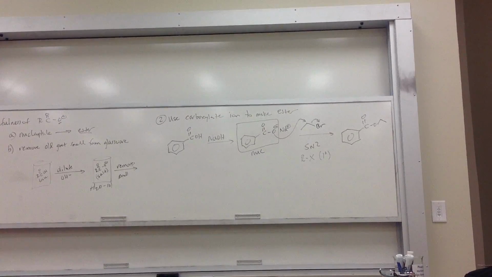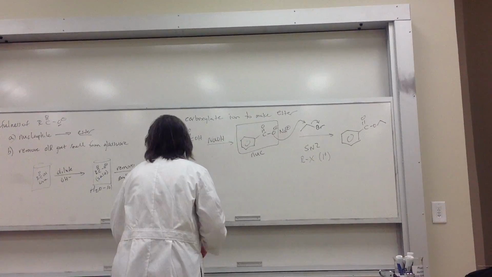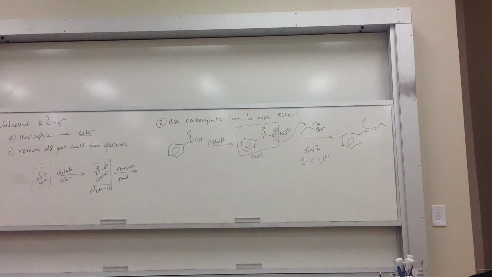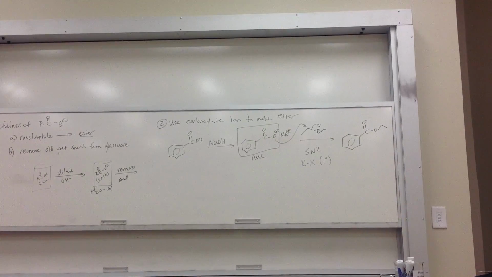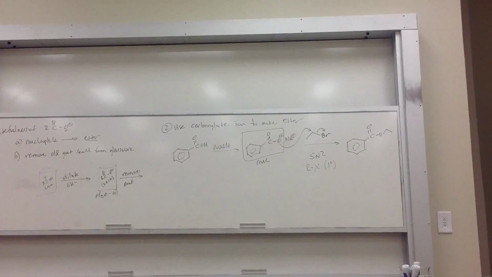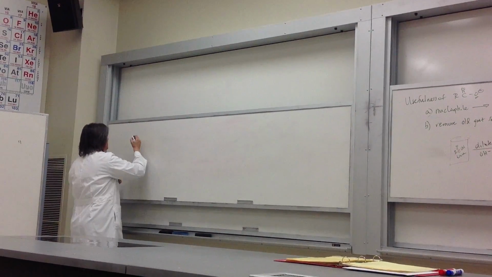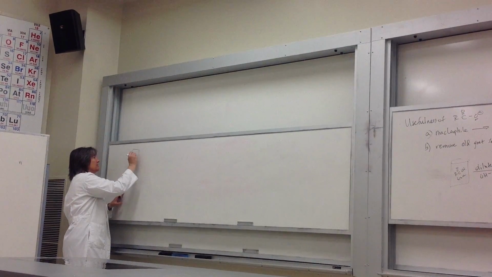Okay, let's say you wanted an ester that was a little more complicated. Let's say I didn't want just the primary alkyl halide on there, but let's say I wanted something like, I don't know, a second butyl group. Say I wanted something like this.